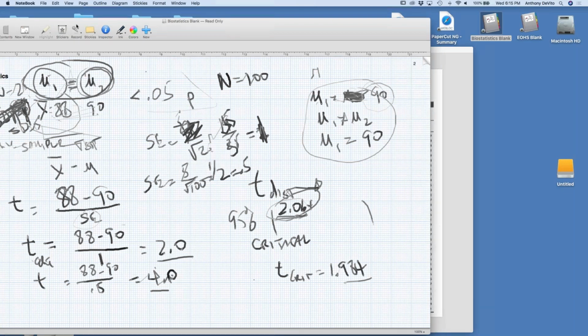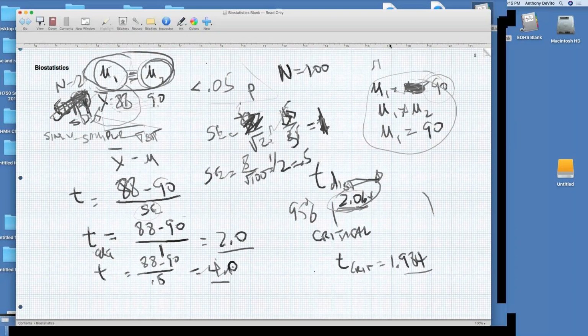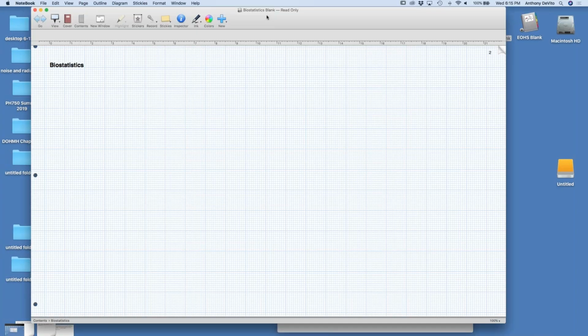Well, now things get a little more complicated, because in real life we often don't know the means or standard deviations of the two populations that we're comparing. Even though what we're really interested in is mu1 and mu2 and whether they're equal or not equal, we don't know what mu is.